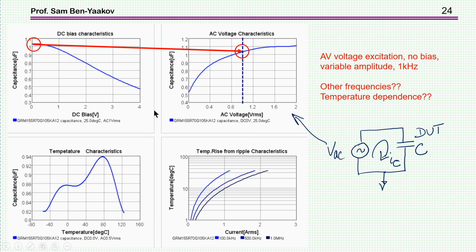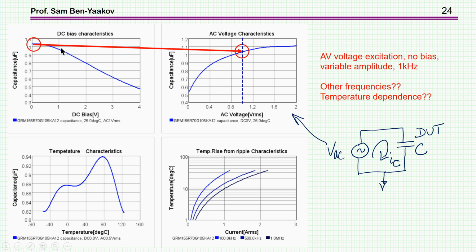And this is just dependent on the amplitude of this excitation. Now, this curve here is the one we talked about. Here we have a DC bias, small perturbation, and we measure the local capacitance. Okay? Now, Murata is doing this measurement with the 1-volt excitation. So 1-volt excitation here, 0 bias, corresponds to 0 bias and 1-volt excitation.